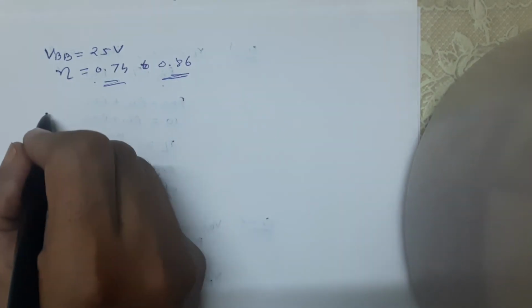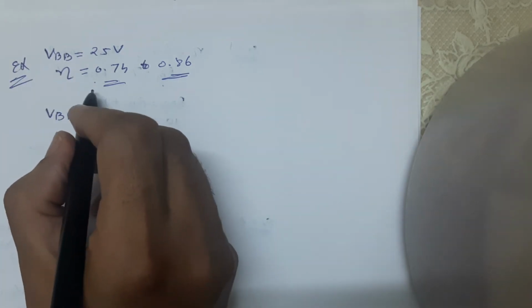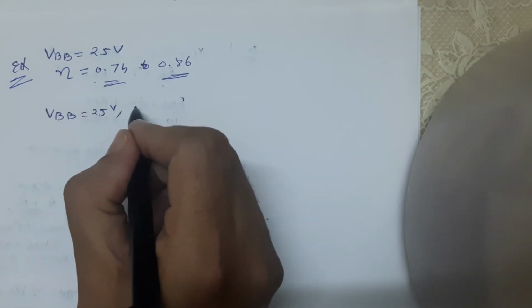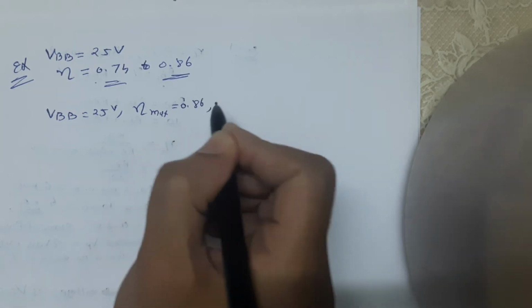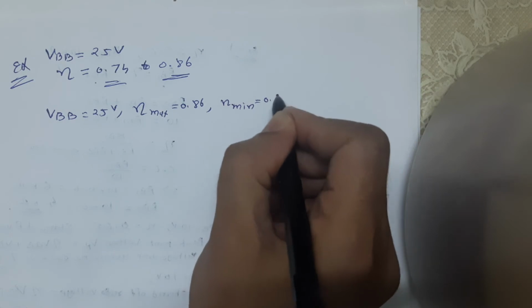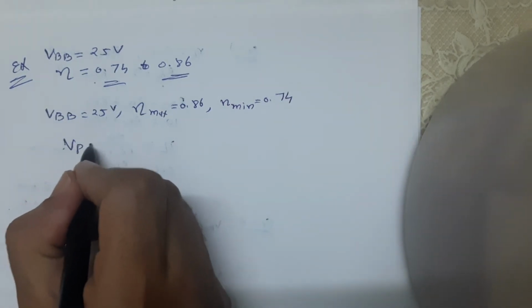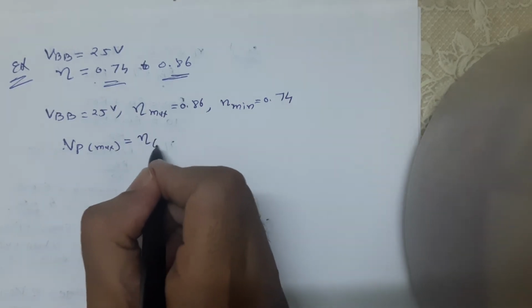So here VBB is equal to 25 volt, eta maximum is 0.86, minimum is 0.74.